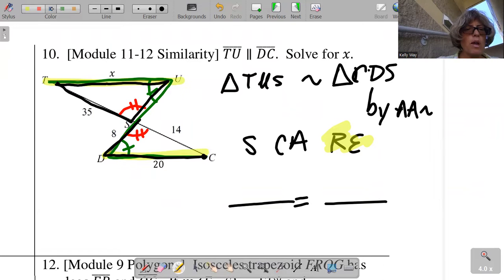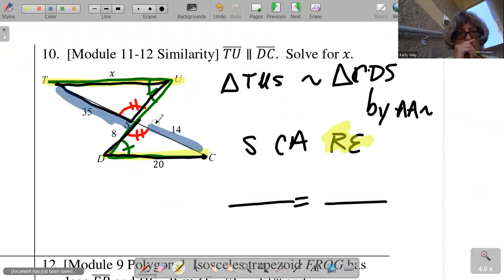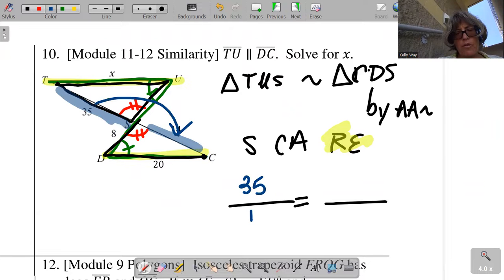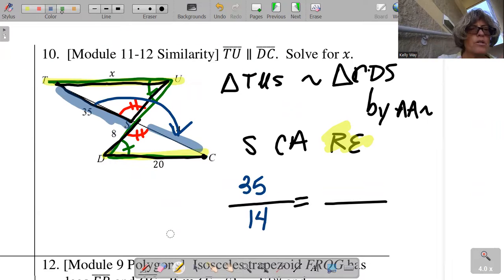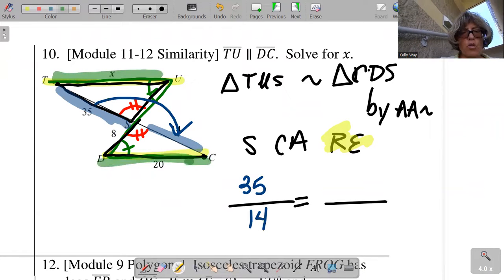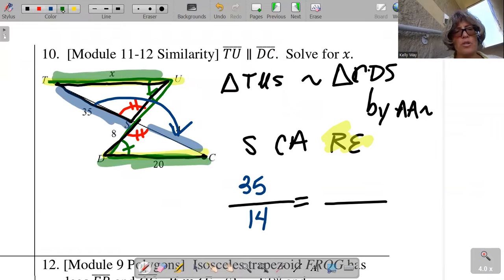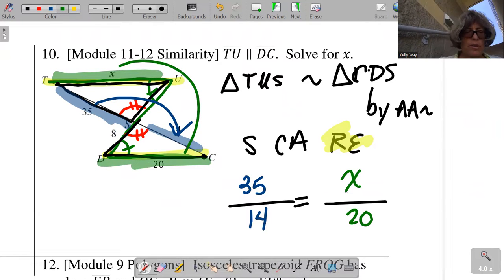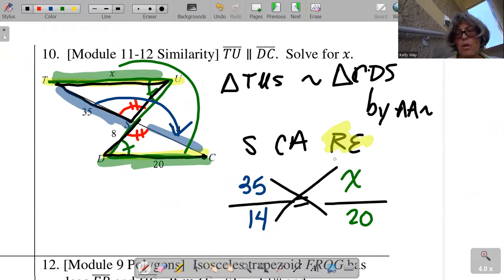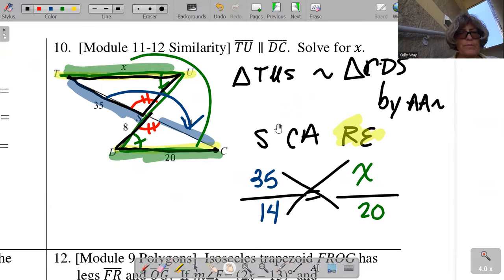You just match them up. So I'm going to go long side to long side. Top bottom, 35, 14. To longest side over longest side. Got to go the same order. X over 20. Cross multiply, solve.